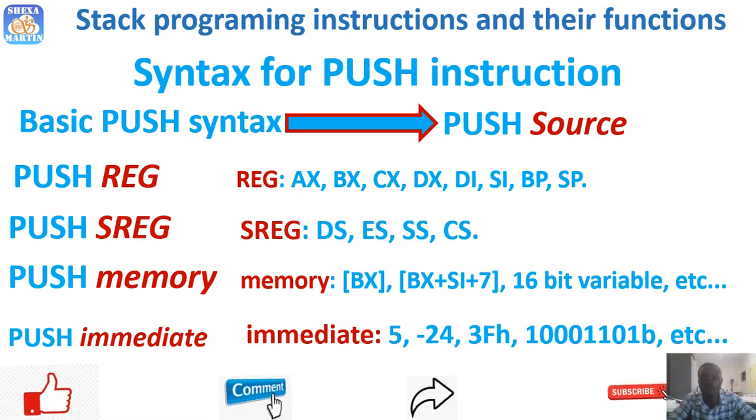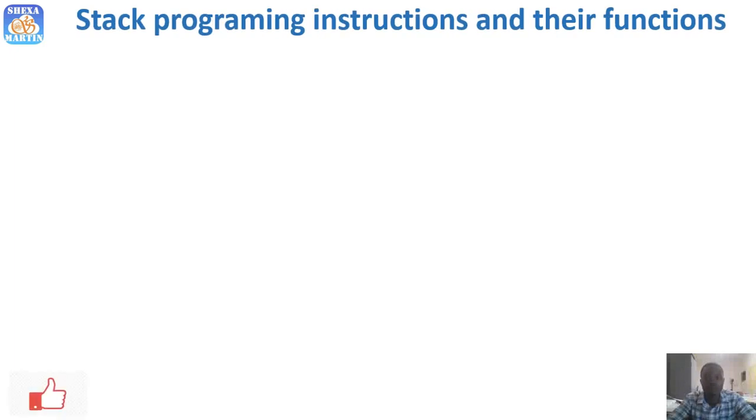So here I just gave you these examples so that you know that we can push positive and negative decimal values, positive and negative hexadecimal values, and positive and negative binary values. So that's it. Let's now talk about how the push instruction works.